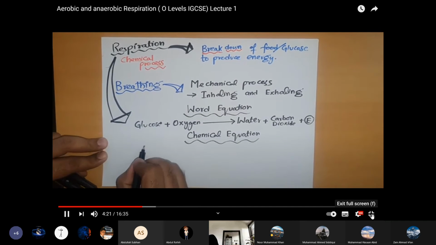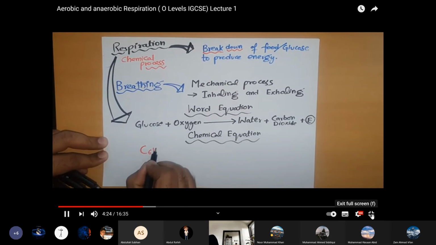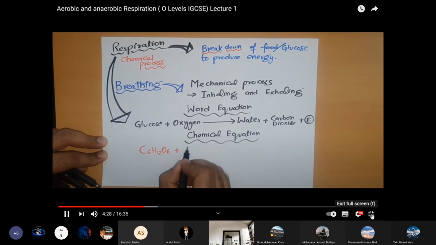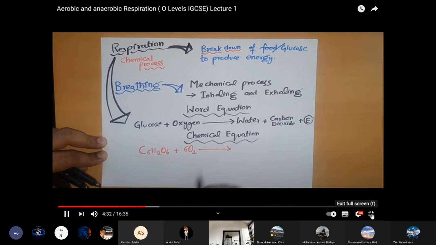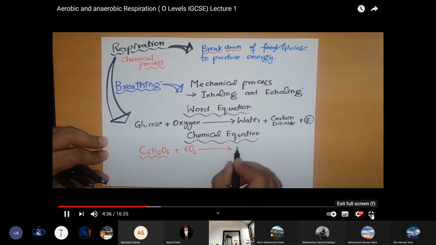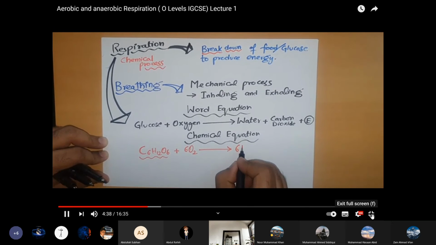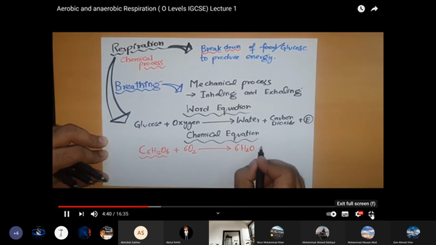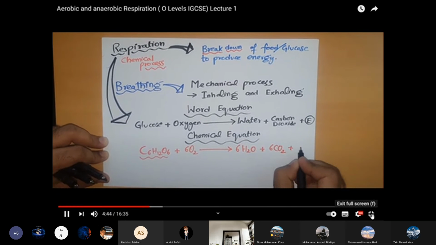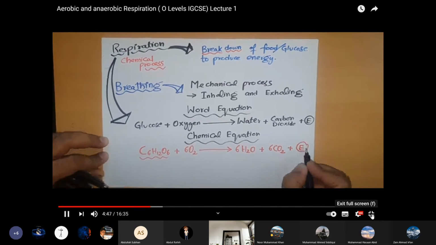So one molecule of glucose, C6H12O6, joins with 6 molecules of oxygen, and then it breaks down into 6 molecules of water plus 6 molecules of carbon dioxide, and energy is released.